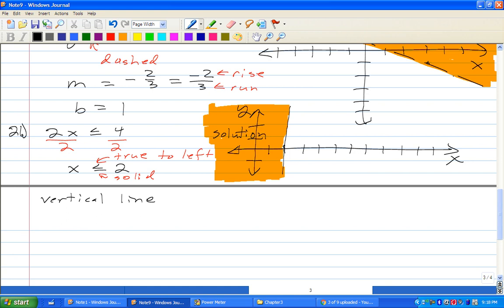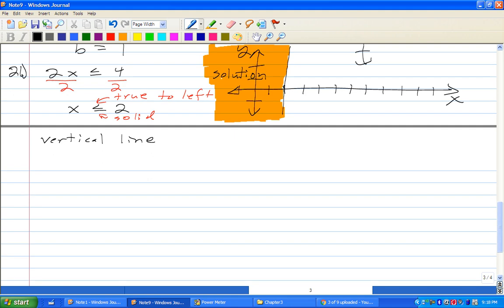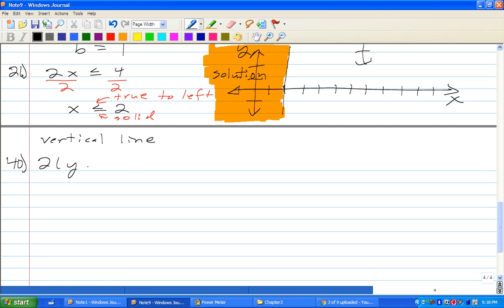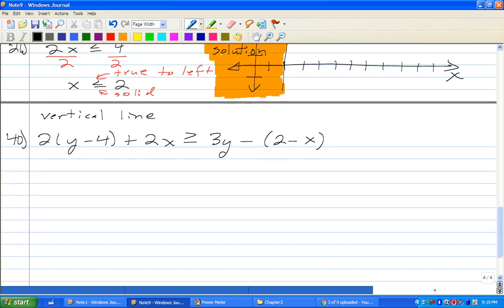Okay. Let me do problem number 40. 2 times (y minus 4) plus 2x greater than or equal to 3y minus 2 times (negative 1 plus x)... Let me multiply 2 inside the parentheses, and -1 inside the parentheses.